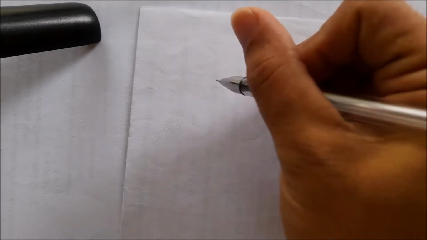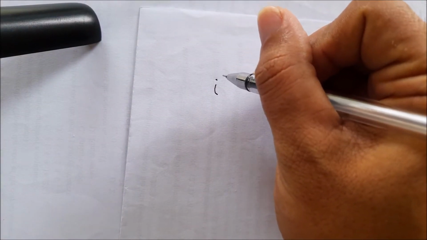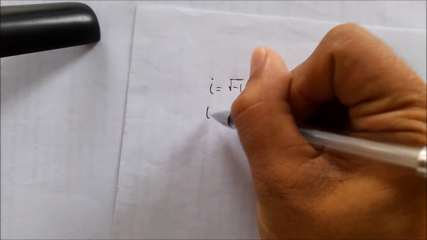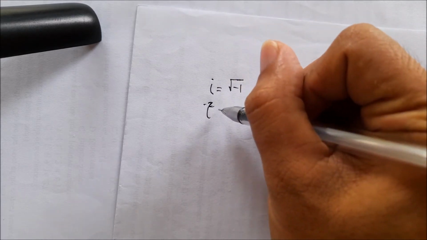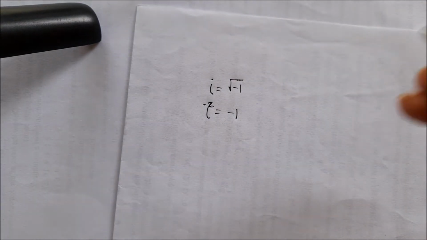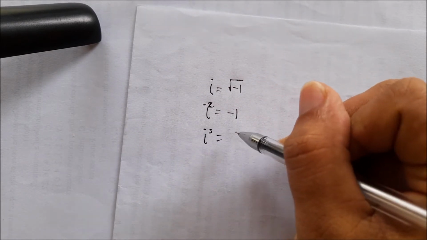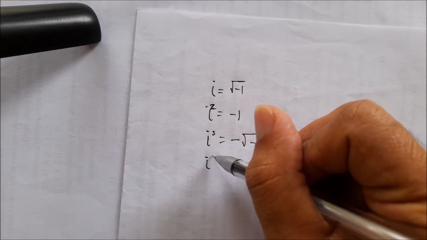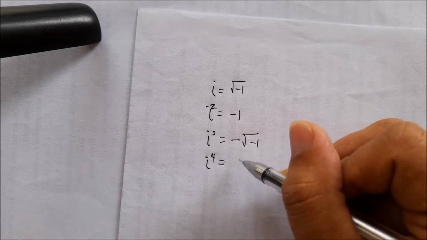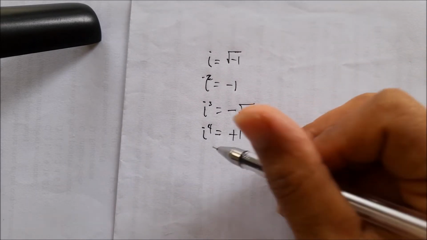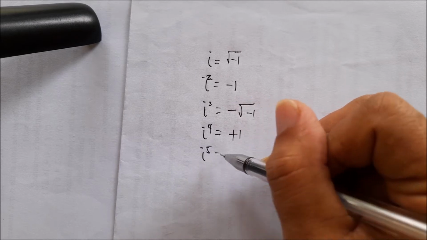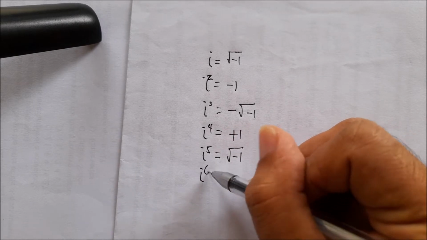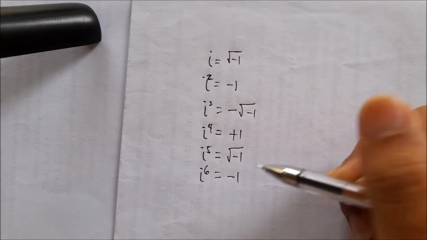For imaginary numbers, the variable i is equal to the square root of -1, and i raised to 2 is equal to -1. i raised to 3 is equal to negative square root of -1. i raised to 4 is equal to +1. i raised to 5 is equal to square root of -1. And i raised to 6 is equal to -1.